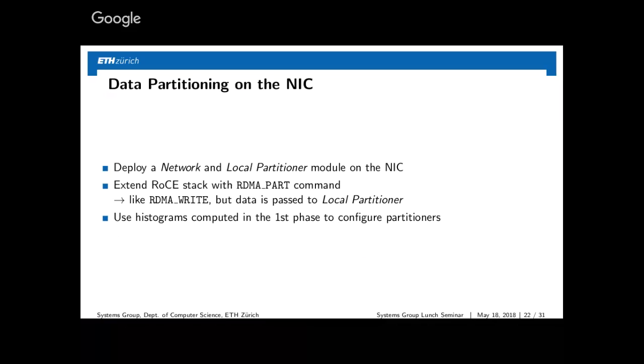We will partition the data and also buffer it, and then write the partitions to the corresponding memory locations. And these memory locations are essentially defined by the histogram. So the histogram that we compute in the first phase can be used to configure these modules on the NIC.